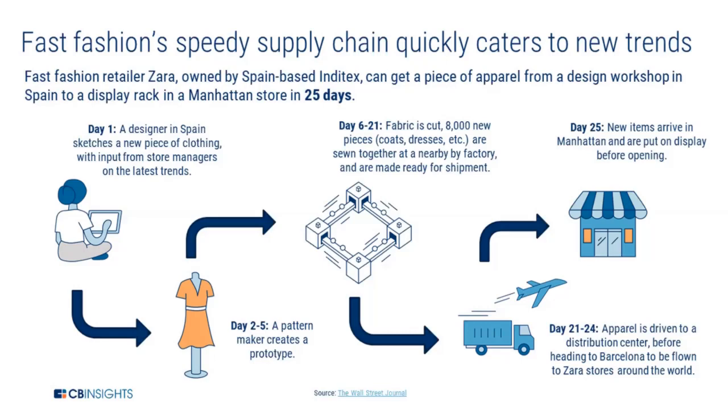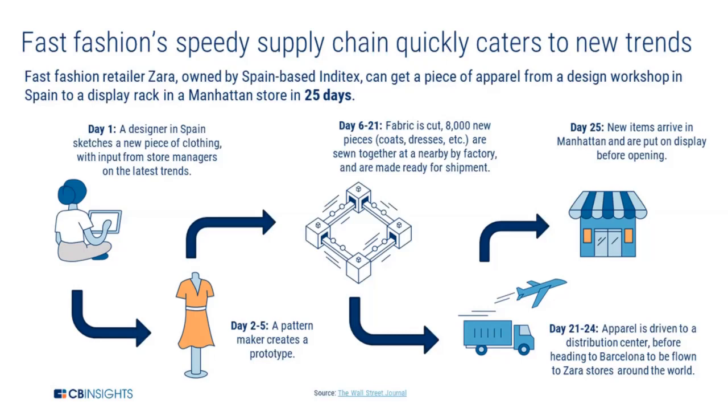So as you can see, the modern fashion industry has lots of challenges related to competition. And the leader in this industry, the Zara company, makes the chain of production and distribution in 25 days.